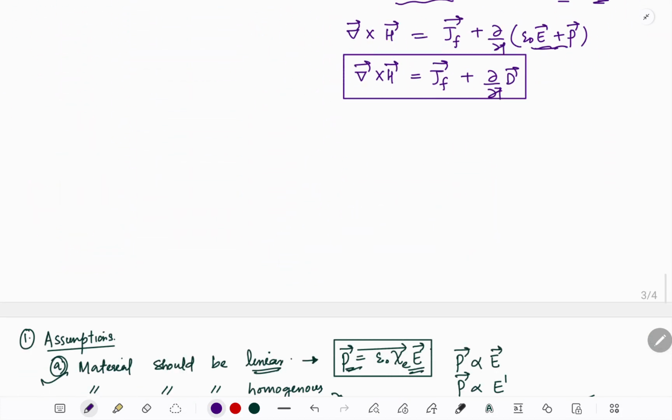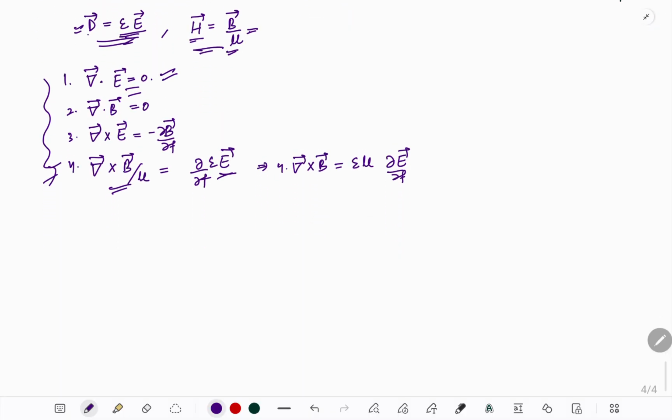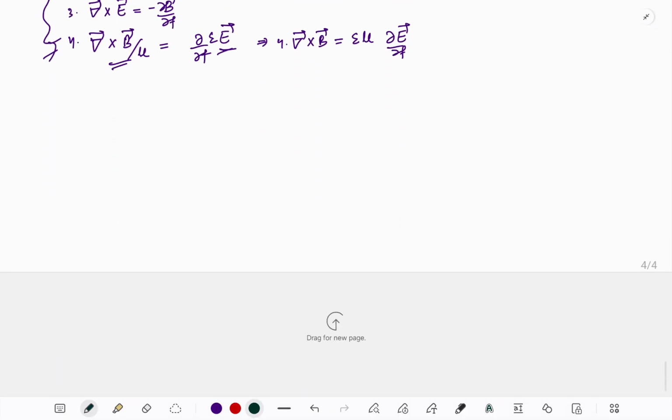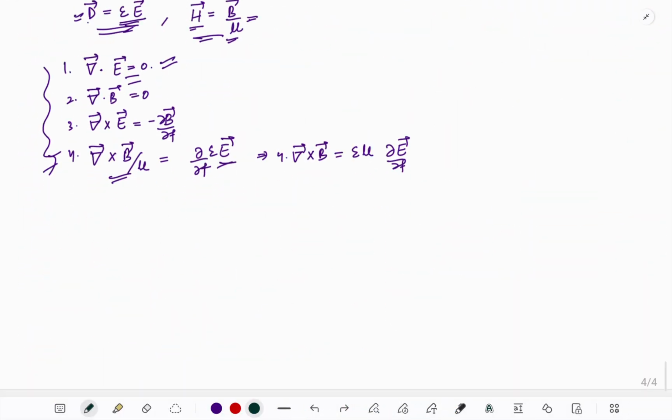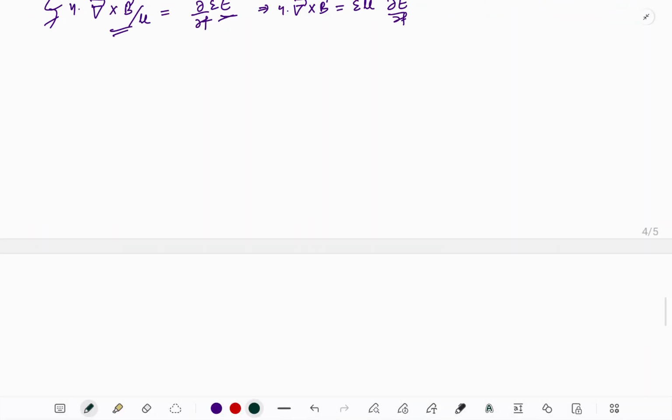Now third is the wave equation. Third topic is actually the wave equation in dielectrics. Okay, we know in free space it was del square E equals mu 0 epsilon 0 dou square E by dou T square.